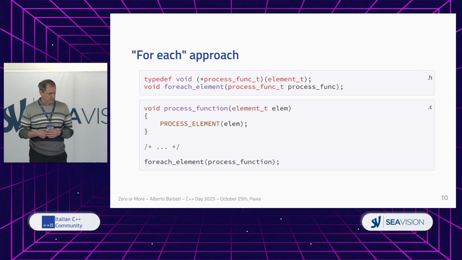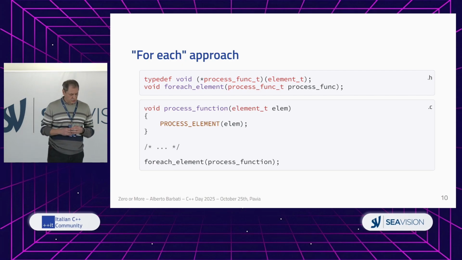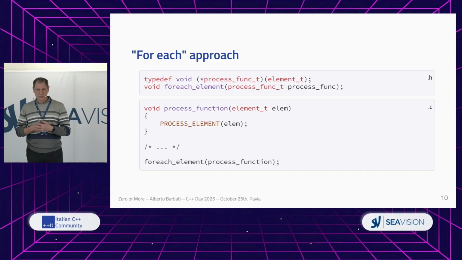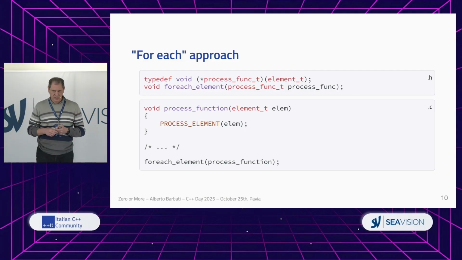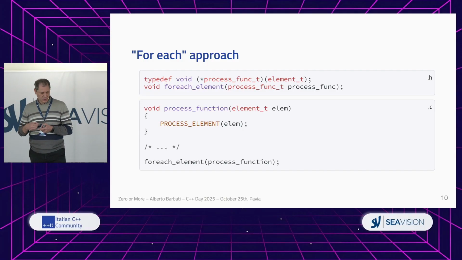There are various names; I use for each for this presentation. The idea is to change the point of view. Instead of the caller doing the loop and asking things of the function, we call the function, and it's the function that calls me back with the elements.